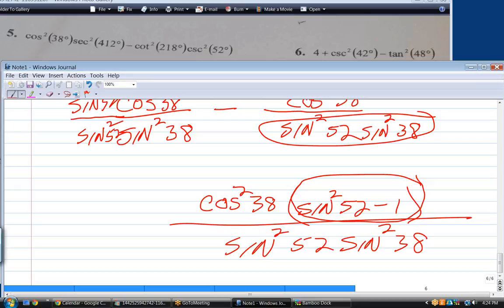Negative cosine squared of 52. So it's negative cosine squared of 52.